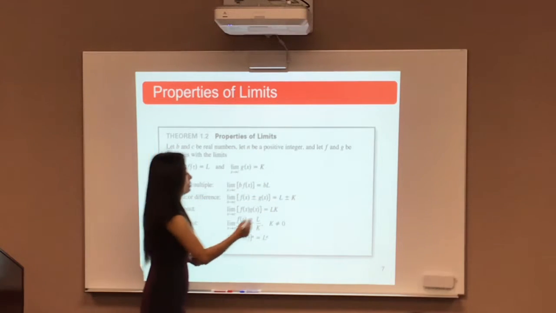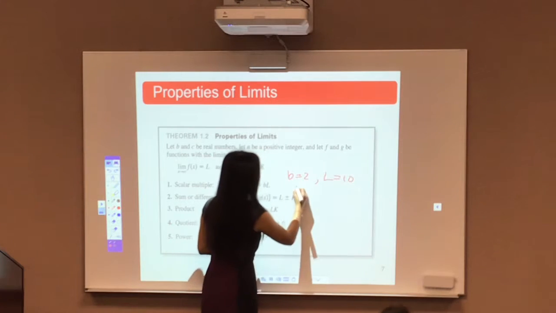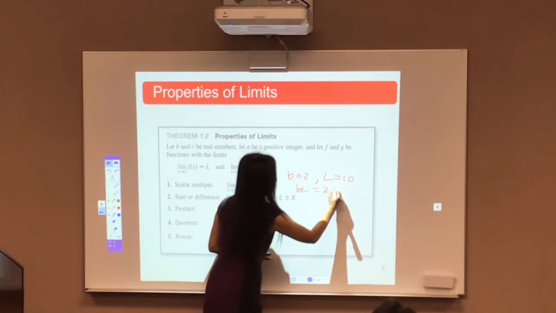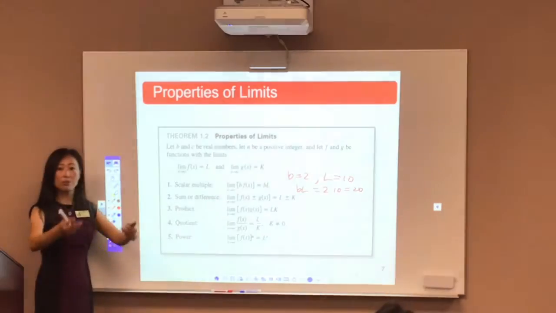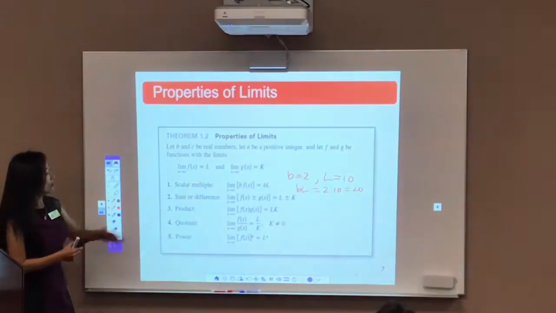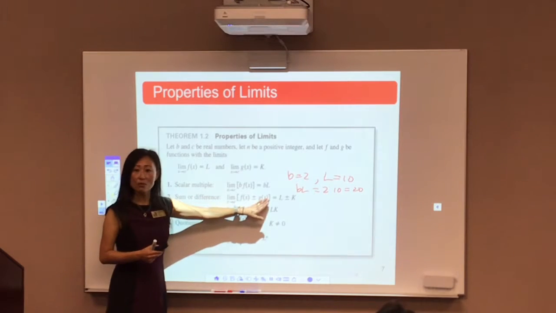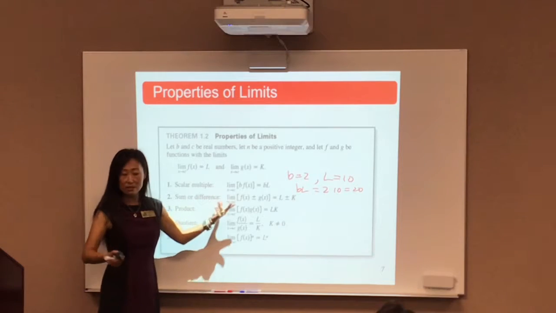For example, say b is equal to 2 and L equals 10, what's bL then? 20. That's what I can do. So with a limit, you can just multiply by a constant. Look at another thing you can do. You can add limits or subtract limits, so you're doing it just like regular numbers.